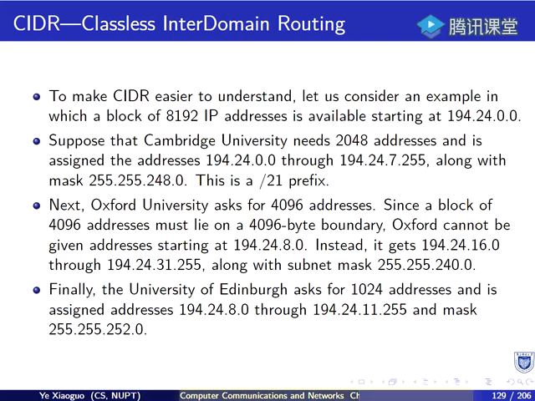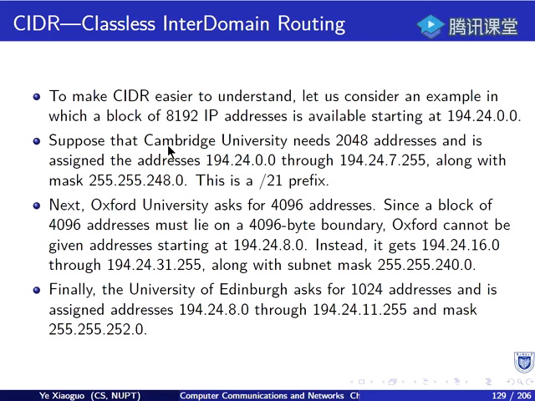To make CIDR easier to understand, let us consider an example in which a block of 8,192 IP addresses is available, starting at this network address.